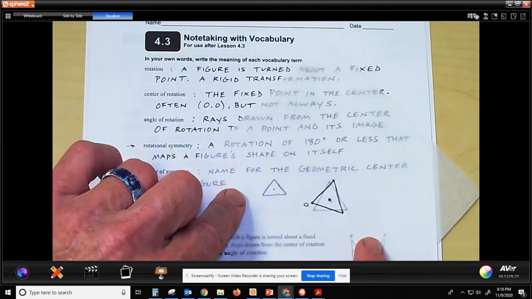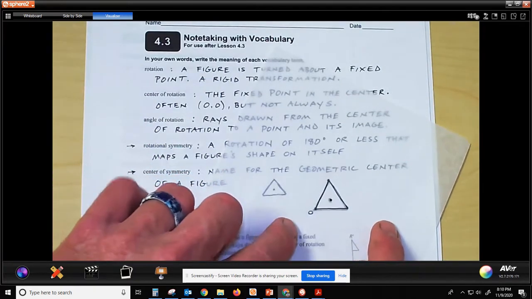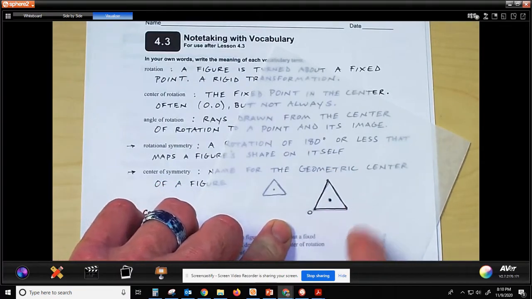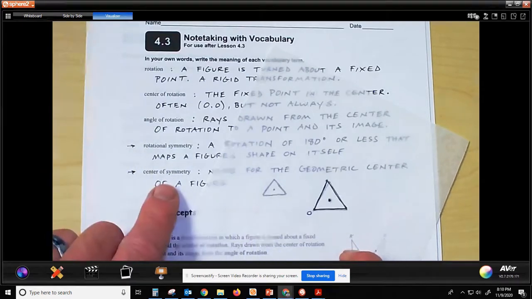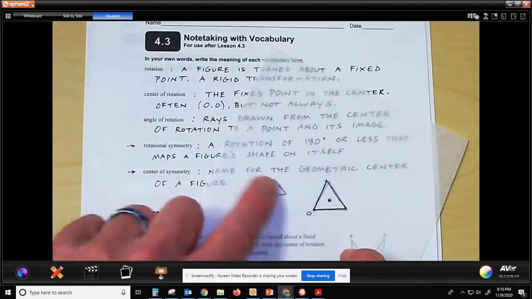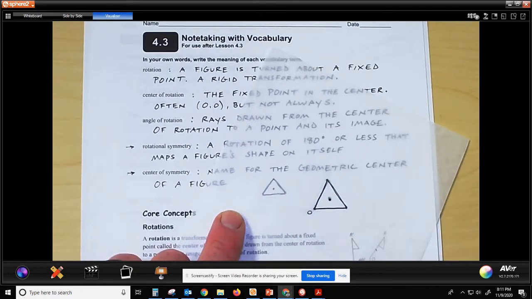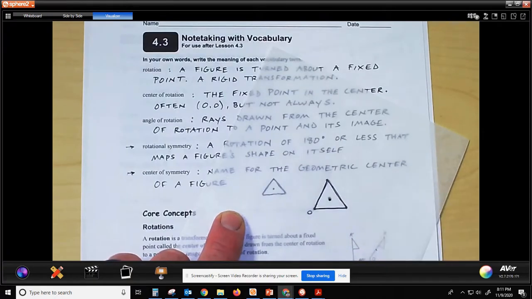And before it gets to 180, about here, point O is mapped on top of the original triangle shape. So this has rotational symmetry. And the center of symmetry is the name for the geometric center of a figure. So its center of symmetry, for that to happen, is this point in the middle.